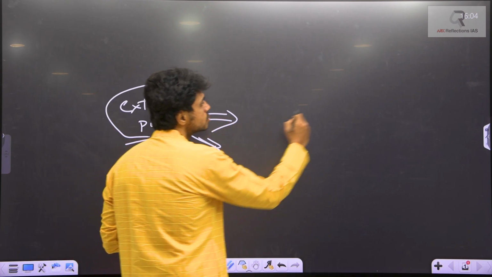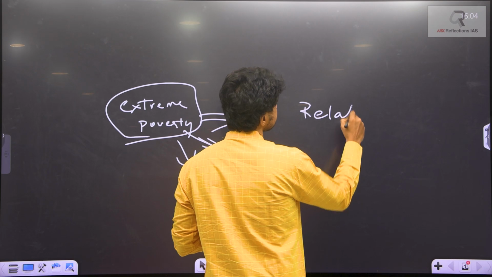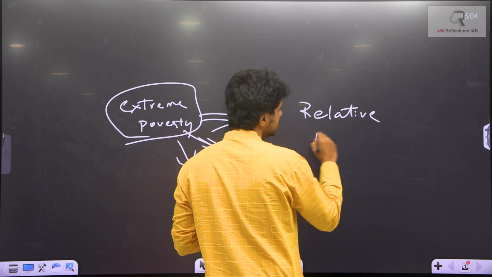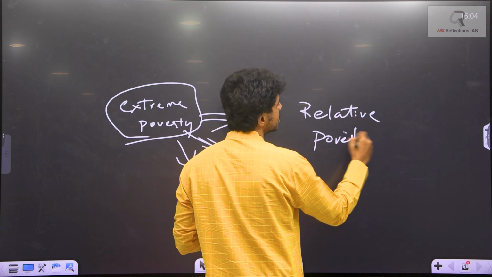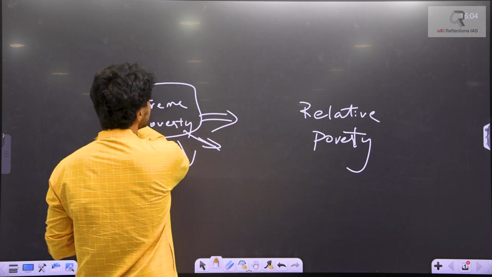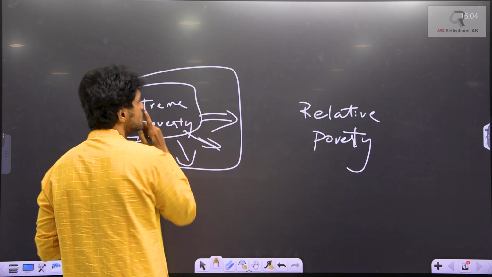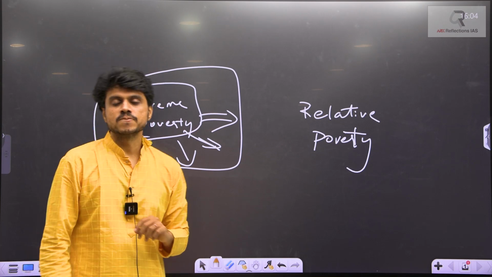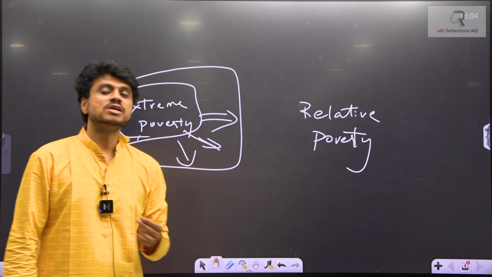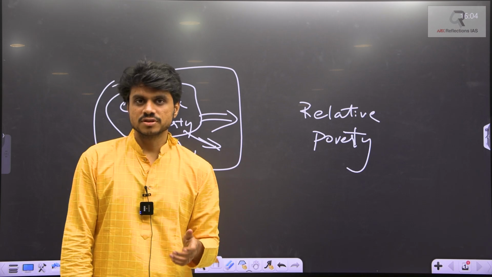You also have relative poverty. Generally, this relative poverty you see in the developed countries. In India, in majority of the cases you see absolute extreme poverty, where people do not have even money for purchasing the basic things.